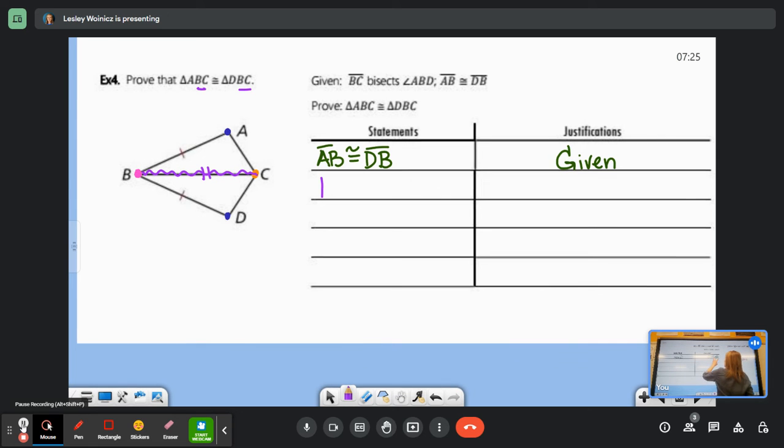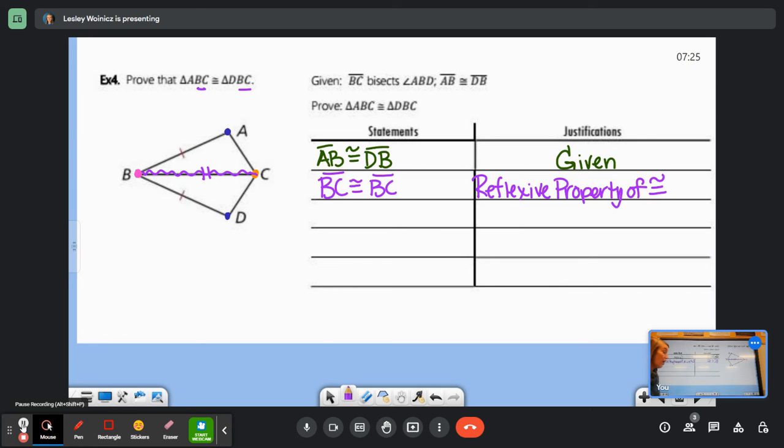So I know that side BC is congruent to itself, and I know that because of the reflexive property of congruence.